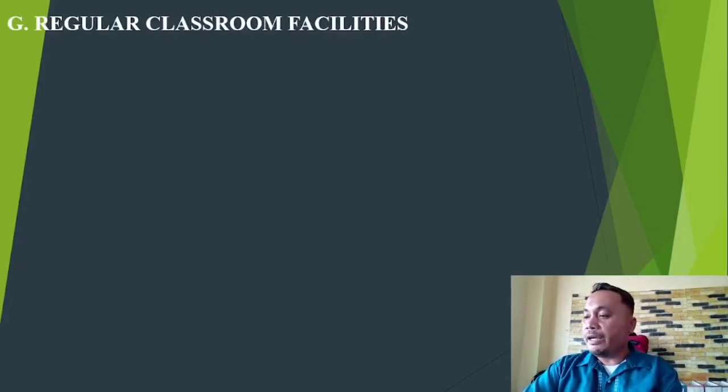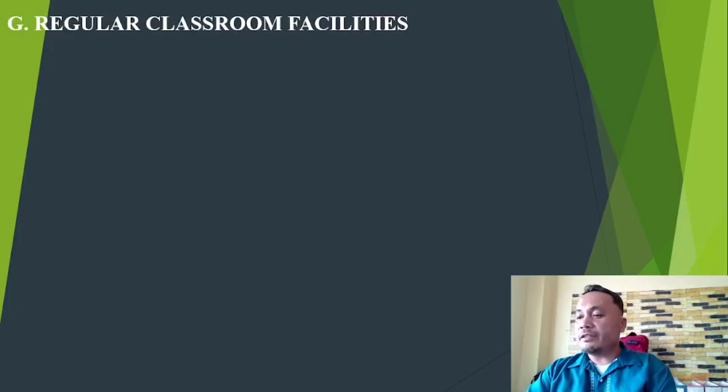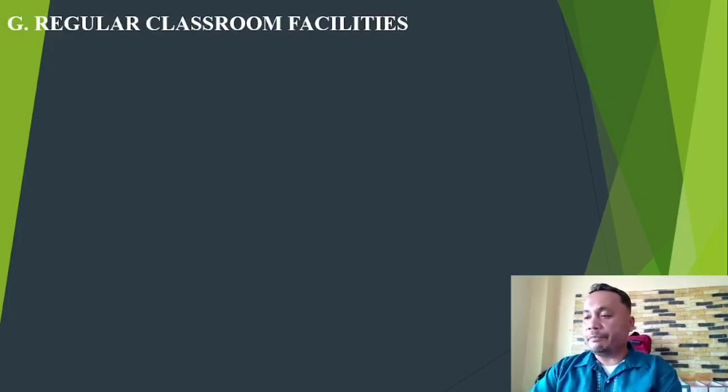Okay, so we have also the regular classroom facilities. Every classroom shall be suitably structured and decorated to make the surroundings of the students conducive to learning. The materials for structuring and decorating shall be selected on the basis of their educational value, providing opportunities for the classroom.